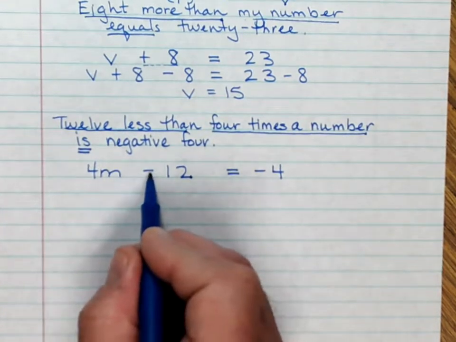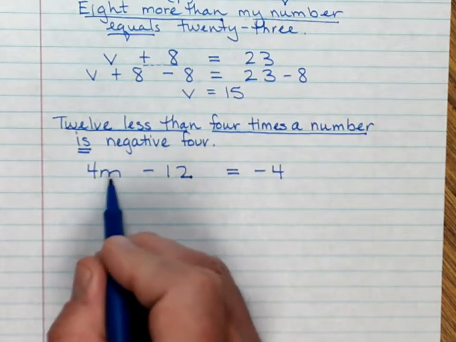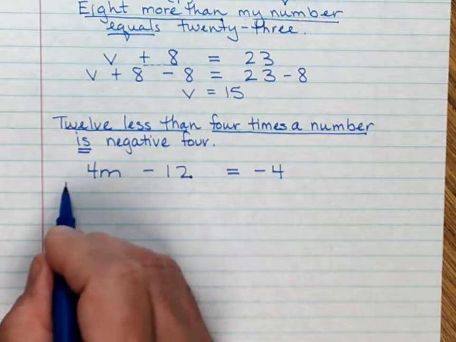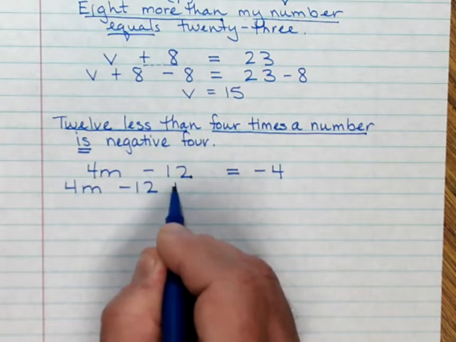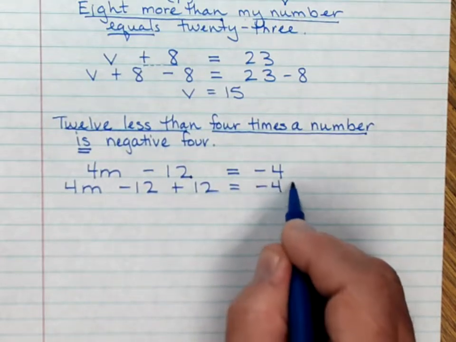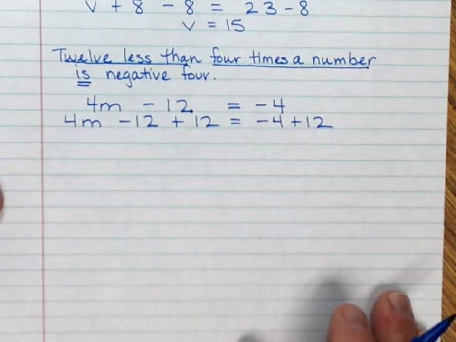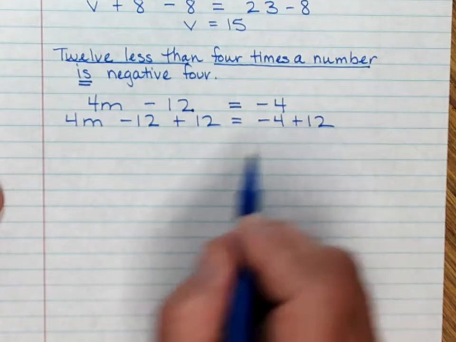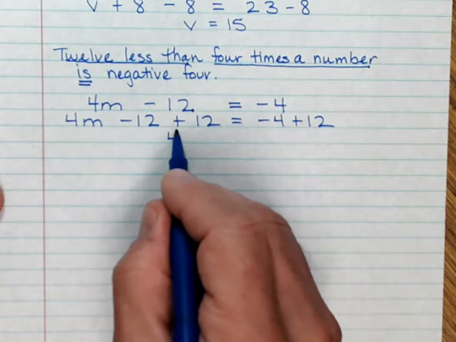So we want to get 4m by itself first, so that variable expression needs to have a plus 12 here. So we're going to have 4m minus 12 plus 12. Over here we have a negative 4 plus 12. Hopefully your internal warning systems are going off. I'm concerned about that part. So negative 12 plus 12 is 0. That'll leave us with 4m.